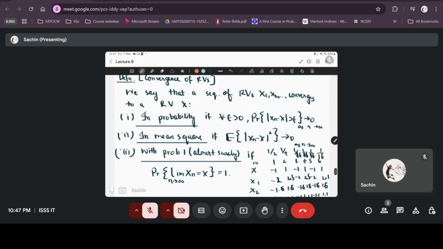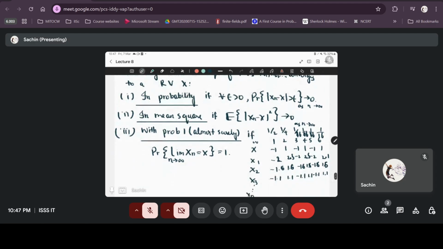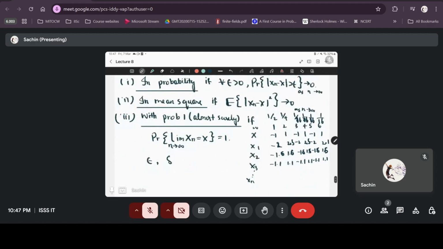So in this case, if you want to check if X1, X2, etc. up to Xn converge to X in probability, then what you have to do is someone will give you an epsilon value and a delta value. Then you have to find the set of all outcomes such that Xn of omega minus X of omega is greater than epsilon.